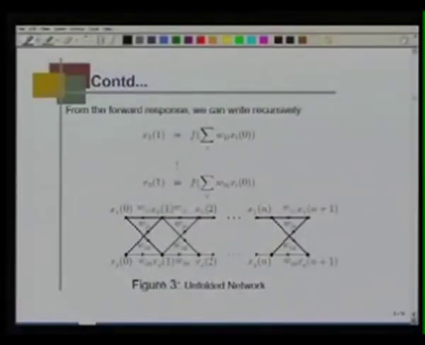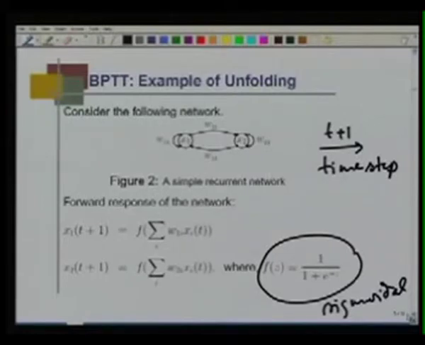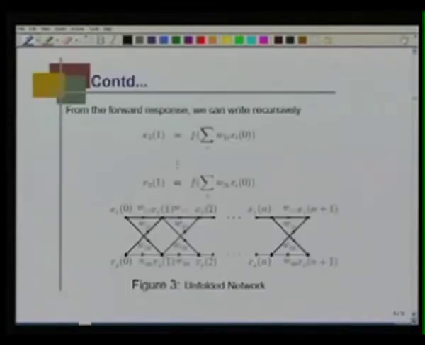So, if you look at this previous one, you see that I can put in this recursion. What is the meaning of recursion? I put t equal to 0, so x1 1 in terms of 0, x1 2 in terms of 1, similarly x1 3 in terms of 2. So, this is a recursion relation.